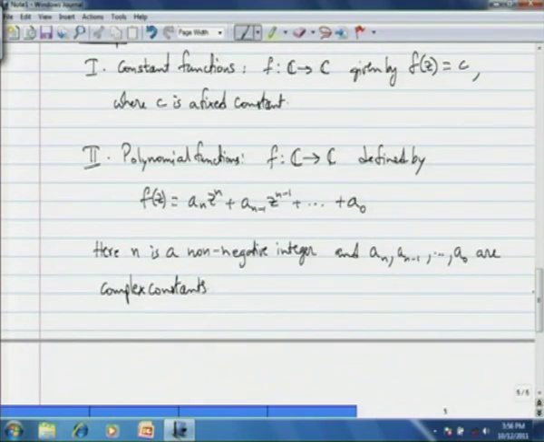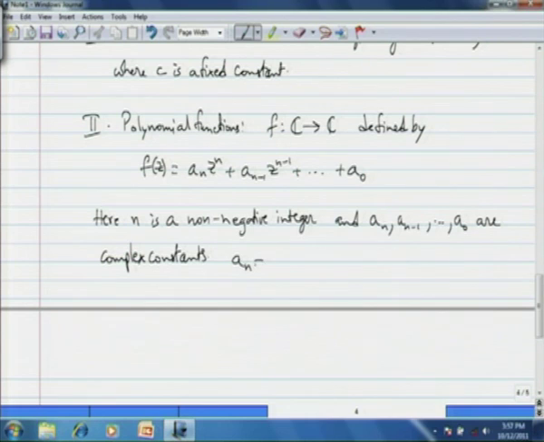Okay. So, for each choice of n and for each choice of these constants a n through a 0, you get a different polynomial. So, you can construct different polynomials this way.